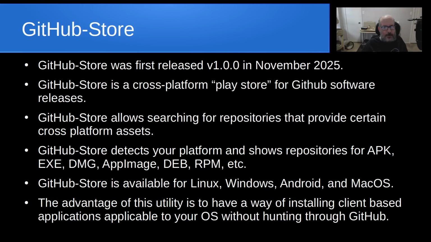I've reviewed things running on the Incus server. So this is a little bit more like an app store for running the things in GitHub that are really meant to be, I suppose, desktop client types of applications. So with that in mind, let's go take a look at the GitHub-Store.